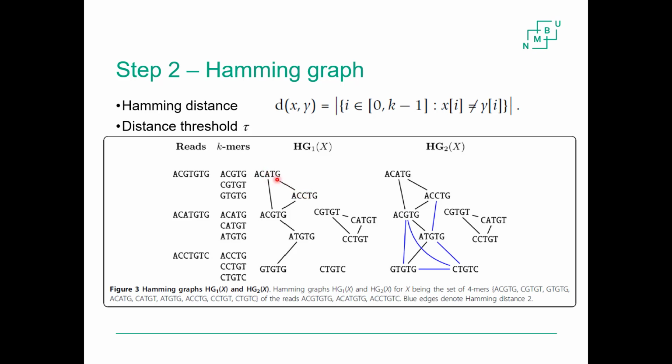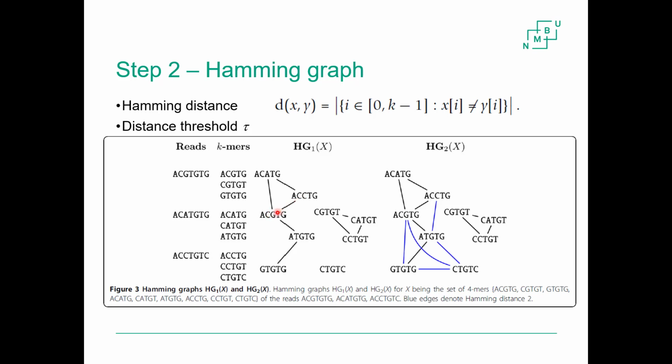There's an A here, but it's a C here. And apart from that, they are identical. And again, another edge here because there is one difference from this one to this one as well, again in the third position. It goes from A up here to a G down here. So again, there's only one difference and an edge is drawn.